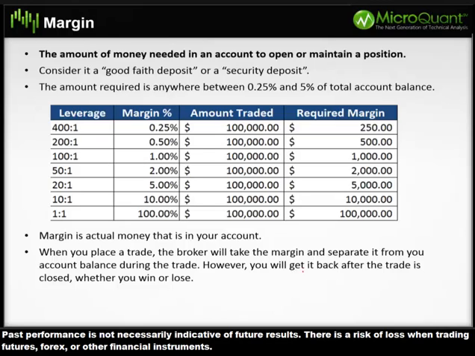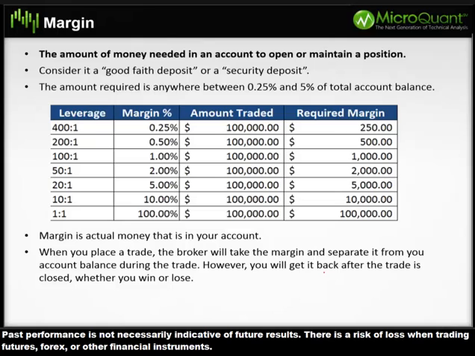But as soon as you close a trade, whether you win or lose, you'll get it back for the most part. What I mean by the most part is just as long as you're not getting margin called. And you shouldn't if you're trading properly. Generally, you'll always get your margin back. That makes sense. Basically, the concept is you're using margin to trade on leverage.